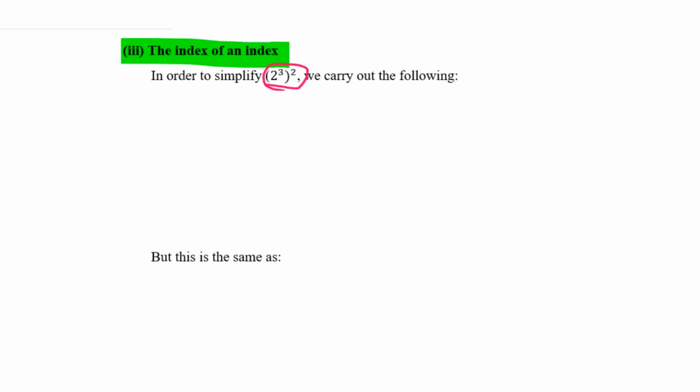So when we look at an expression like 2 cubed in brackets squared, we can see that it is the same as 2 cubed multiplied by 2 cubed, because there is a power 2 there, so 2 cubed should multiply itself 2 times.